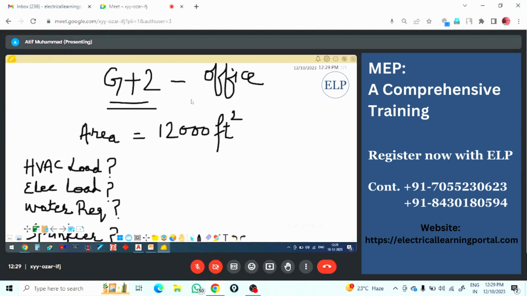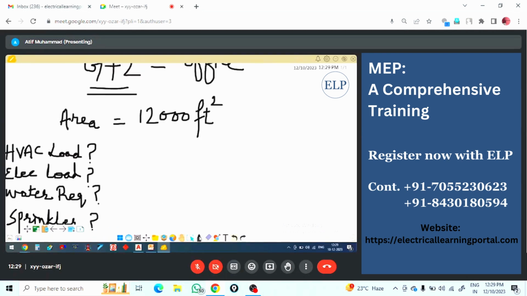So most of the time it happens actually. Some clients will come, they just want to quickly know how much load is coming. So this is the reason why we always have to go with the thumb rule here. Okay. Now, for identifying the HVAC, there is a book actually which talks about the rule of thumb, but generally you can take 300 to 400 square feet for 1 ton.